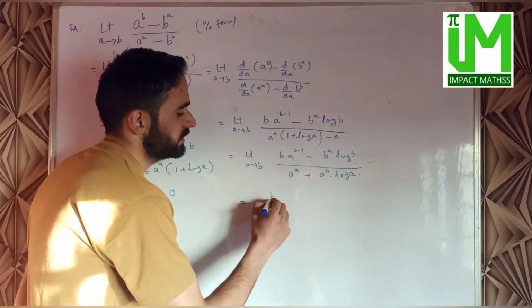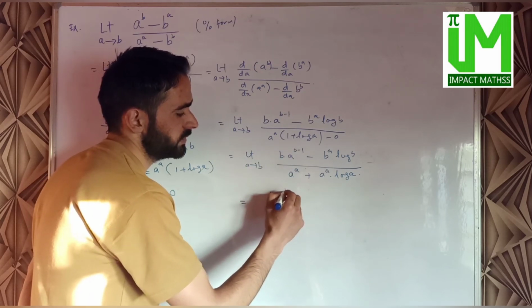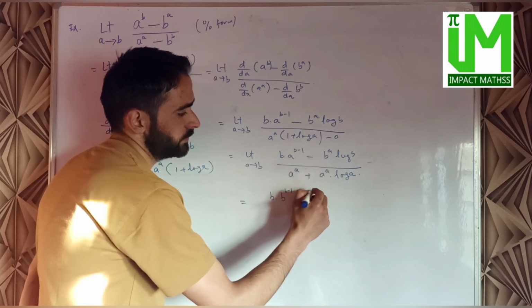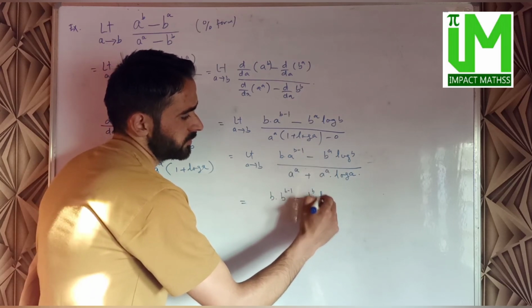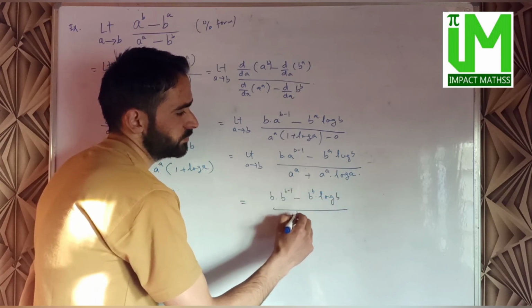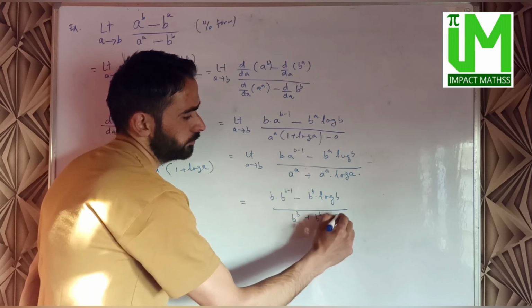This will be b times b to the power b minus 1, minus b to the power b times log of b, divided by b raised to power b plus b to the power b log of b.